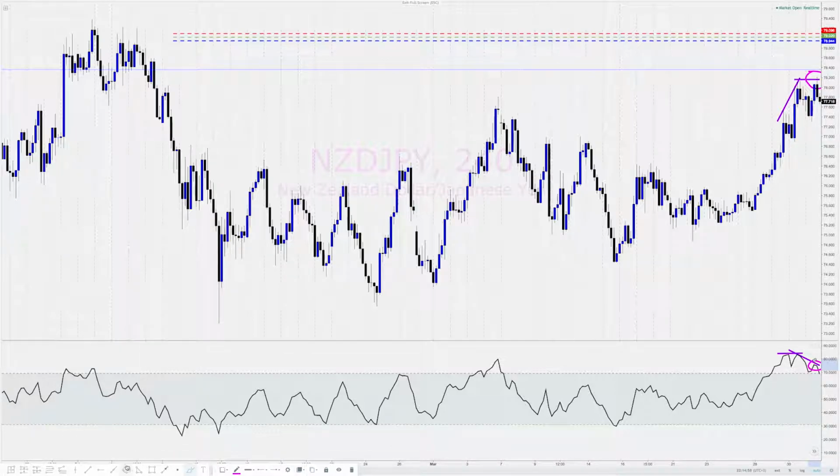What you want to look for is the peak in your RSI before those two most recent parts. That would be here. That would be that peak there. The peak between the two. The peak between the divergence.